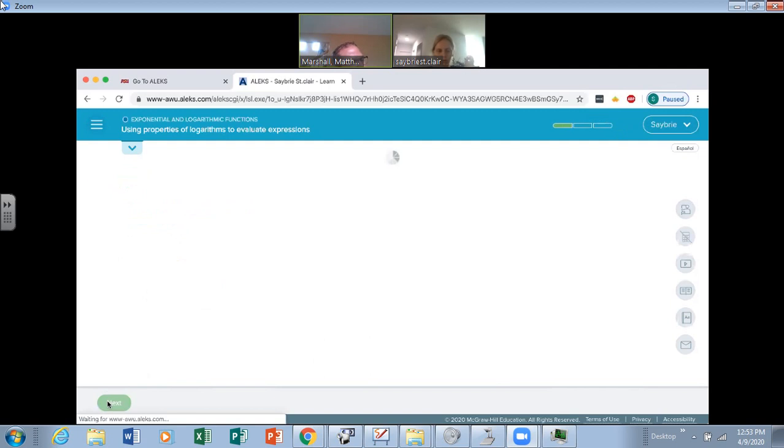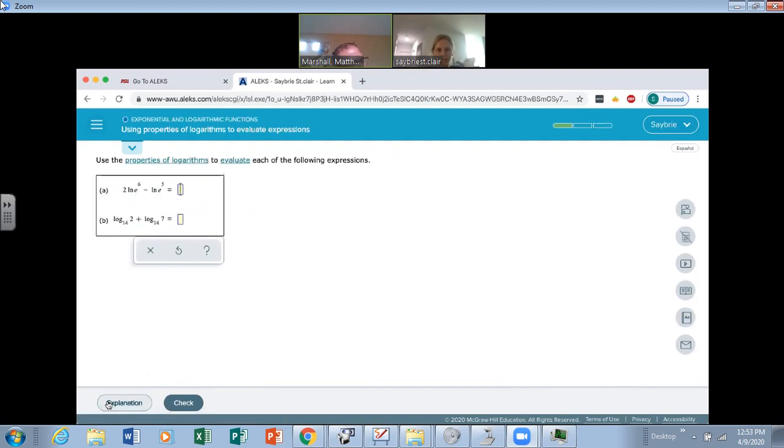And again, they look way more complicated than these really are. I mean, you just gotta look at the numbers there. So that first one there, 2 natural log e to the 6th minus natural log e to the 5th. Do you see the first thing I'm going to do to get rid of that 2 out there?